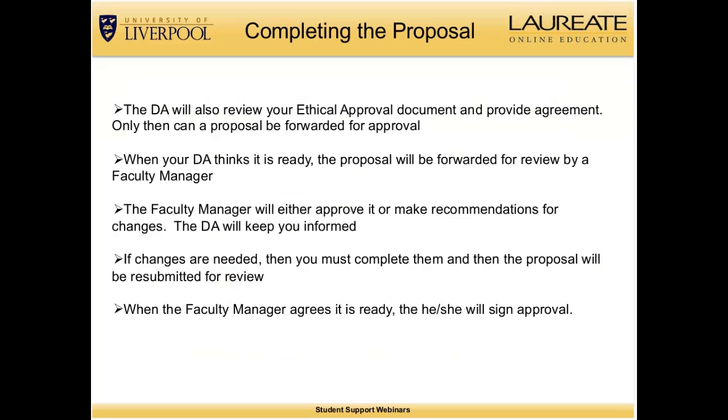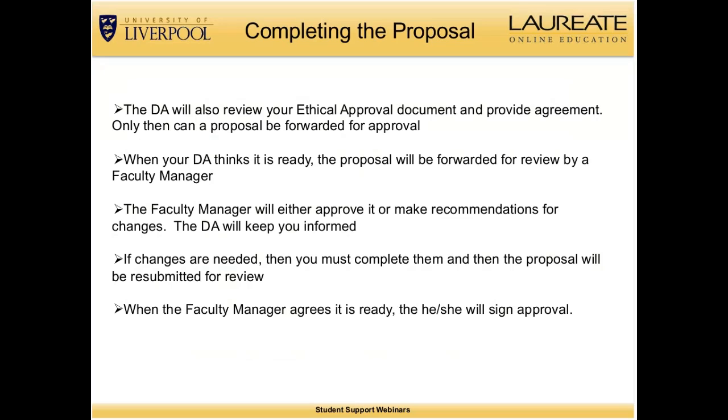Now a little bit on the completion of the proposal. The DA will review your ethical approval document, if applicable, and provide agreement for it. Only then can your proposal be forwarded for approval. When your DA thinks that your proposal is ready, the proposal will be forwarded for review by a faculty manager.